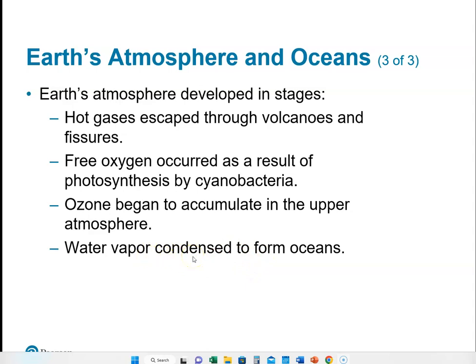We'll talk a little bit more about it when we get to astronomy, but if you add up all the water in all the oceans, there's not enough volcanic activity since the creation of the Earth 4.5 billion years ago to account for all that water. So the water must have come from extraterrestrial sources, and we believe, of course, it did.